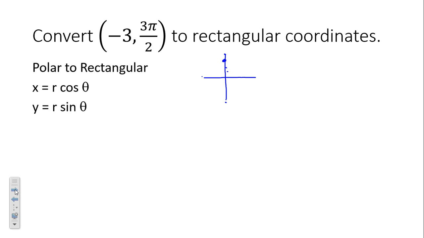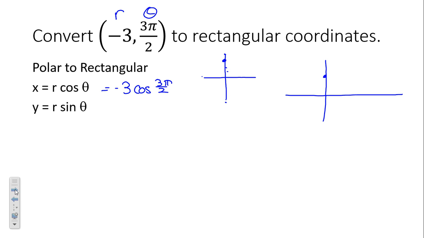But let's verify. So if we're taking r times the cosine of theta, remember here's your r and here's your theta. So our r is -3 times the cosine of 3 pi over 2. We have to remember, what was the cosine of 3 pi over 2?